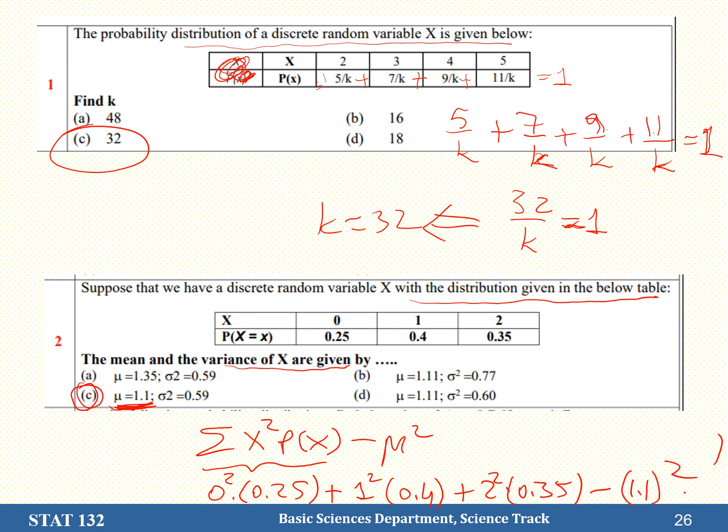If you do this calculation here, this part will give you 0.4 plus 2 squared is 4, so it will be 1.8 minus 1.21, which is 0.59. So we get this one. These are all squares here, not 2, by the way. These are squares here, like here.